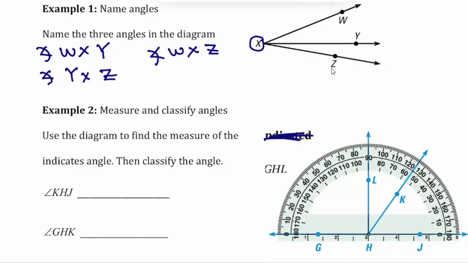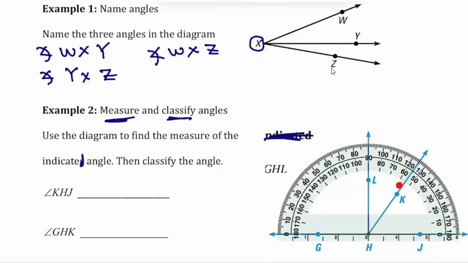Example 2. Measure and classify angles. So we're going to do 2 things. Measure and then classify. Use the diagram to find the measure of the indicated angle. Then classify the angle. So KHJ. I'm going to use my little light. KHJ. It's this angle.